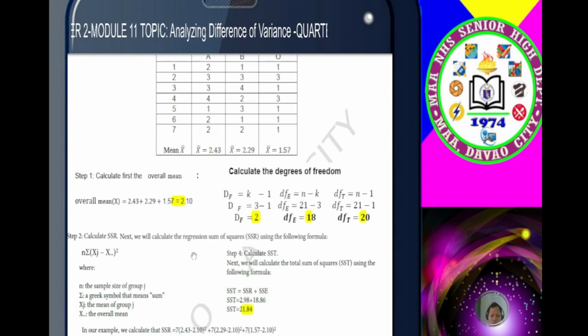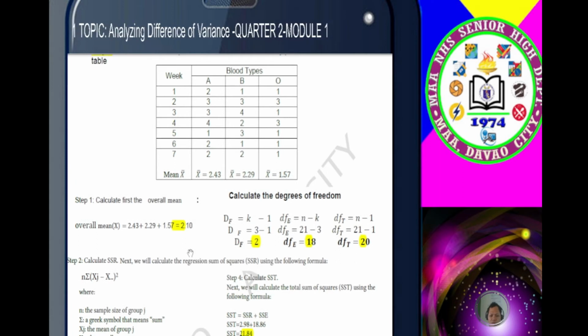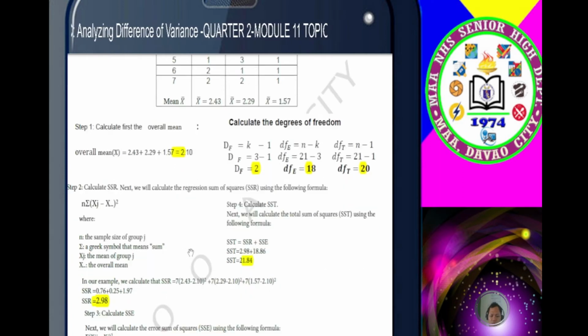Then step 2, we'll calculate the sum of squares for the factors. We have this formula: n times the summation of the mean of that group minus the overall mean, then squared.